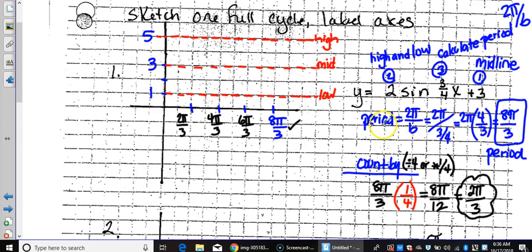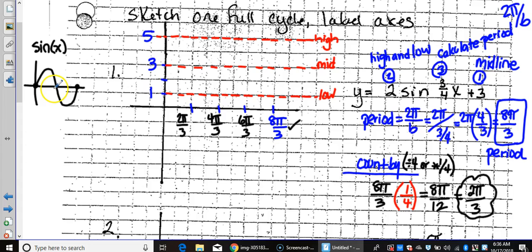We're now ready to sketch. Once again, this is where it's important. So for sine of x, right, off to the side, I'm just going to jog my memory. Normal sine of x starts at 0, comes up, goes down, comes back to the x-axis. But we're no longer starting on the x-axis.